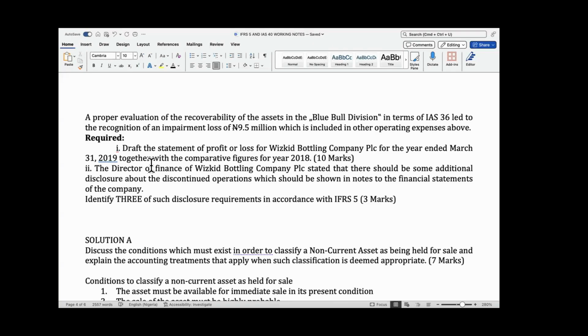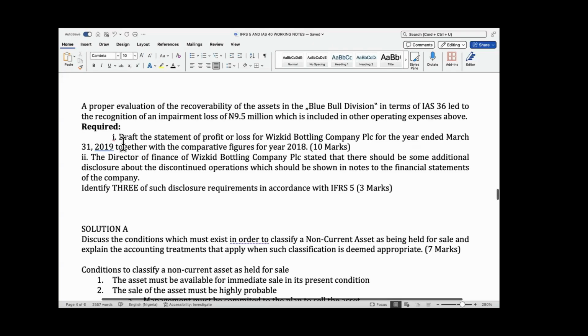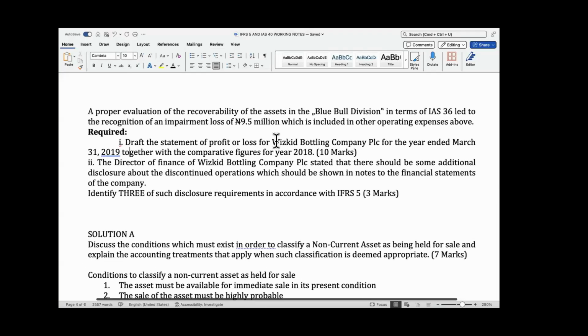Thank you very much. So the question requires us to draft the statement of profit or loss of Whiskey Bottling Company for the year ended 31st March 2019, together with comparative figures for 2018. They also want us to identify 3 disclosure requirements under IFRS 5 for discontinued operations.